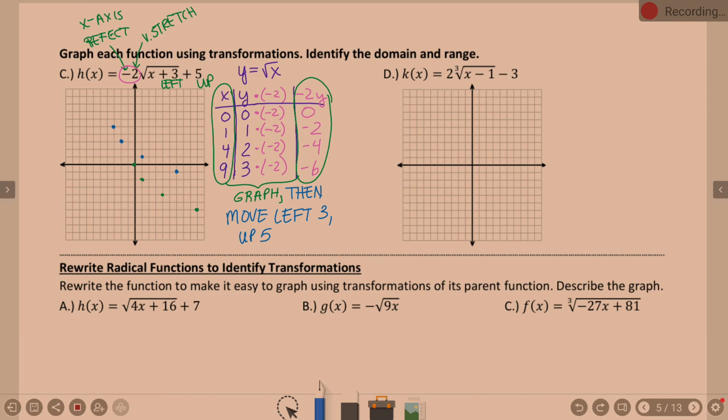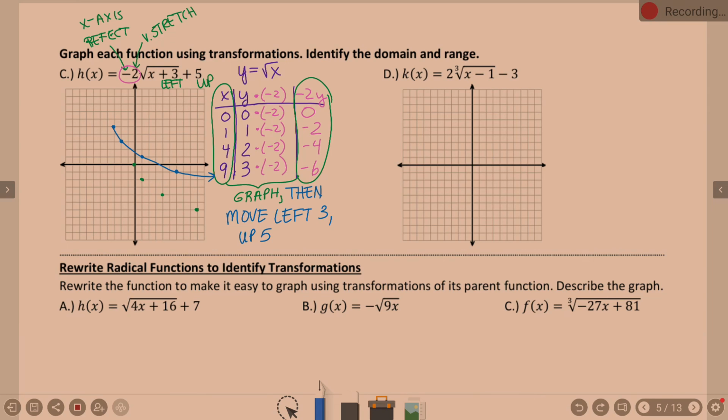Okay. So my blue points are my final answer. I took each of those points and moved them left 3, up 5. This blue graph is that square root graph, flipped upside down, stretched, so each value goes 2 farther in terms of y, and then moved left 3, up 5.